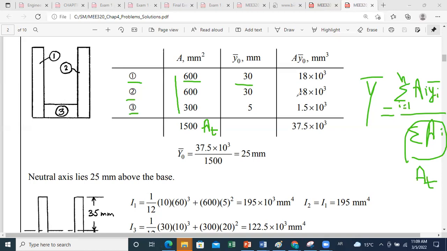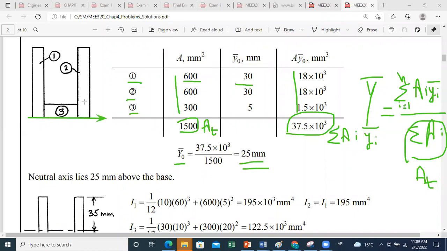When you sum the elements of this column, you get sum of AI, YI bar. And then all you have to do is divide this result by this number in order to locate the centroid of your section. And of course, as you can see here, Y bar is counted from the bottom surface because we considered the origin of Y here in the analysis to get the centroid.